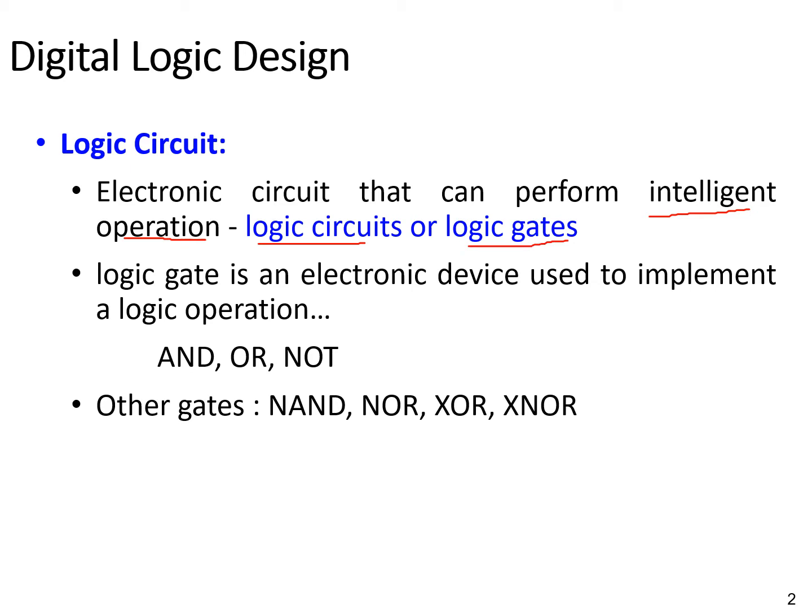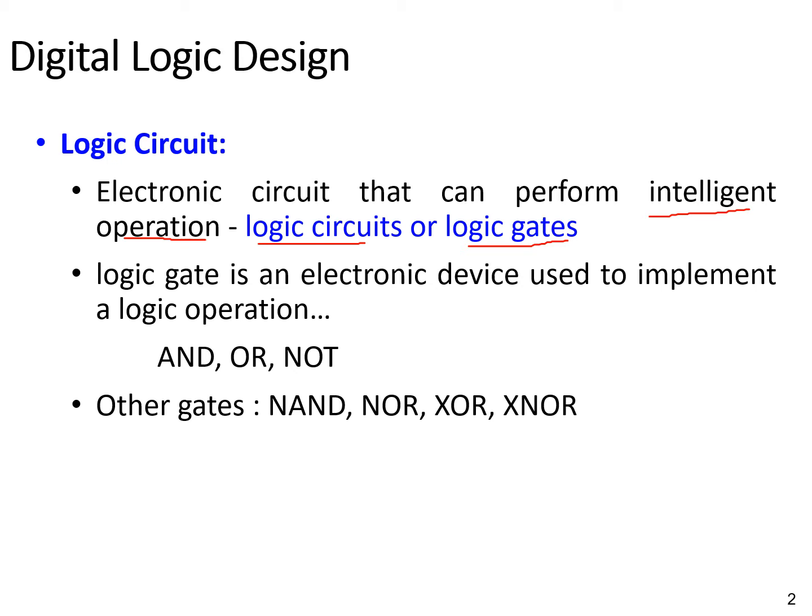If any electronic circuit can perform a logical operation, or in other words, can perform intelligent operations, that type of electronic circuit is called a gate, or a logic gate, or in other words, a logic circuit.